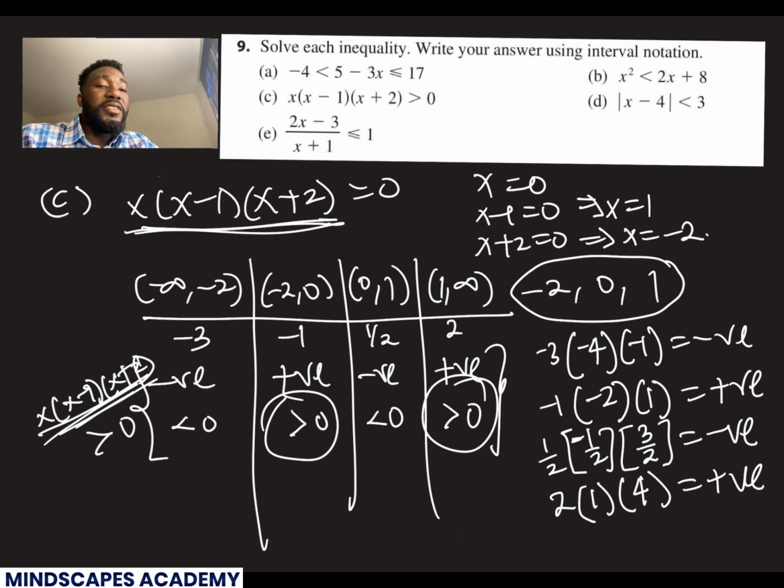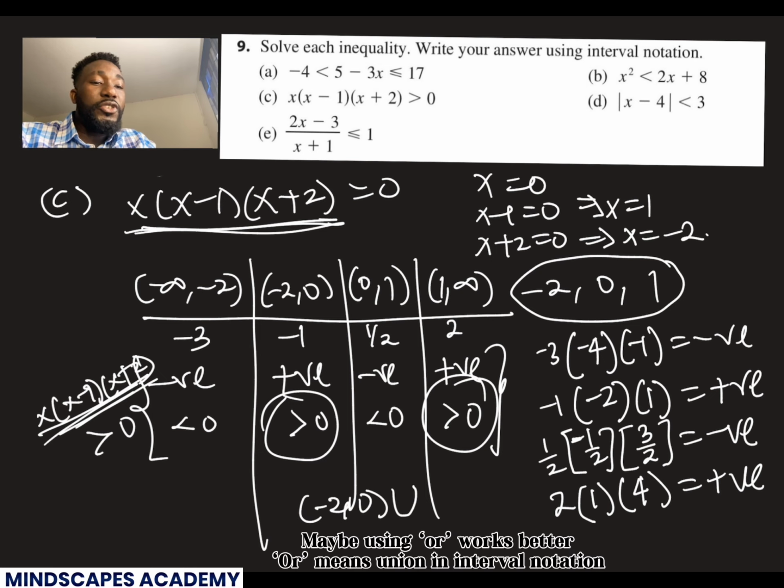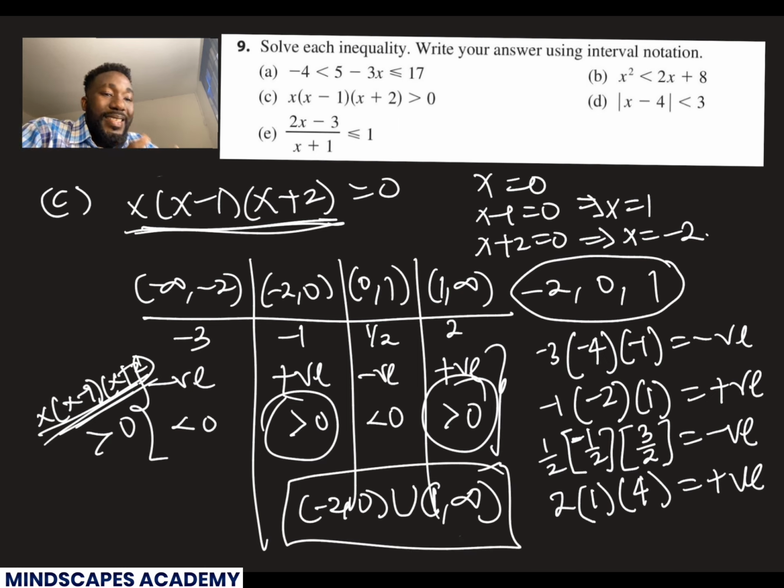And since we need greater than 0, and we have greater than 0 here, our answer in interval notation will be (-2, 0) union (1, infinity). So this will be our solution. At these intervals, any point you pick between -2 and 0, and between 1 and infinity, you plug it into this expression, it will always be greater than 0.